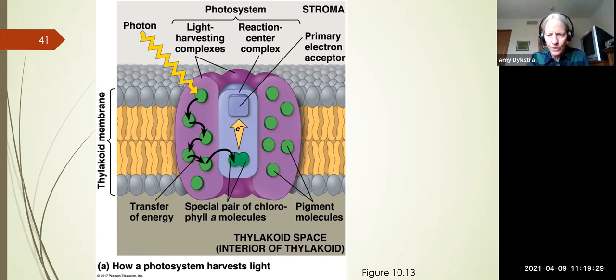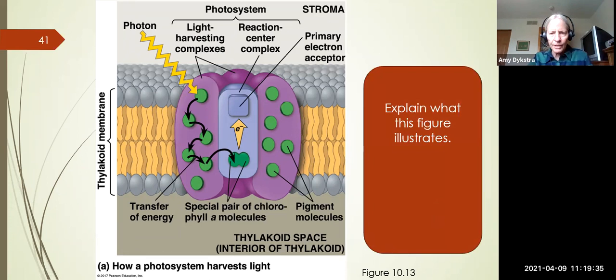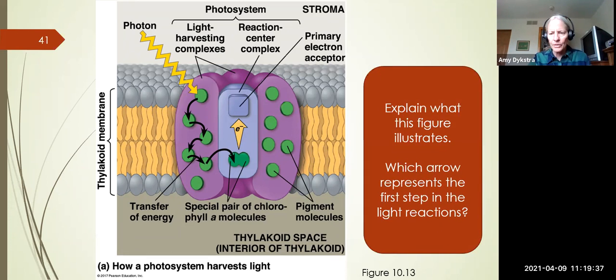So this is a photosystem. I've kind of explained to you what this figure illustrates. And I already gave away this answer, that this electron moving here, this arrow showing the electron being donated to the primary electron acceptor, that's the first step really in the light reactions.